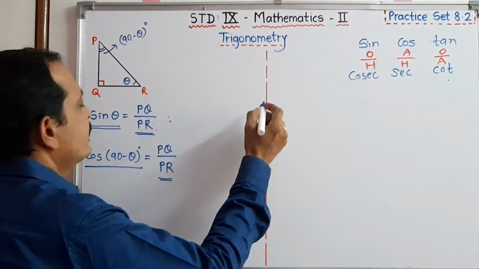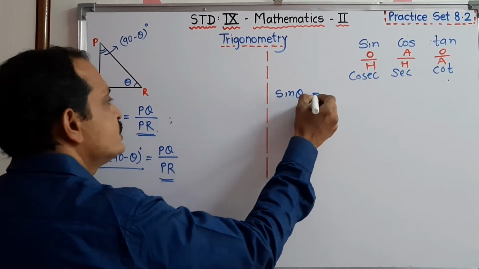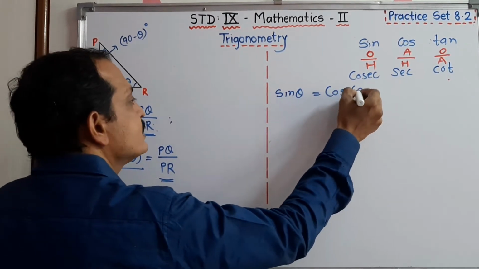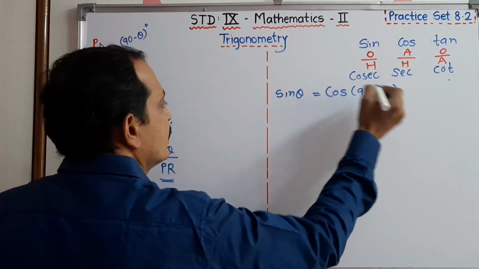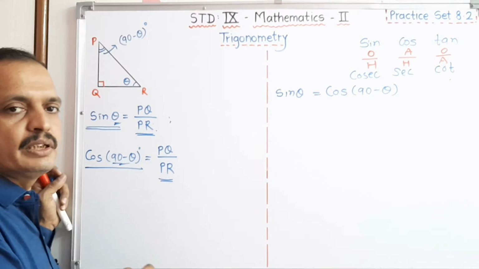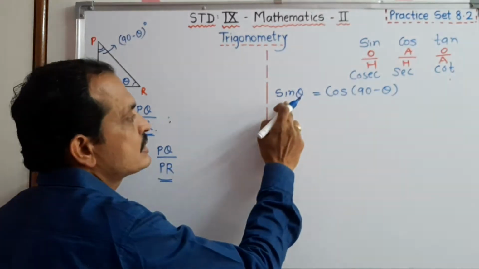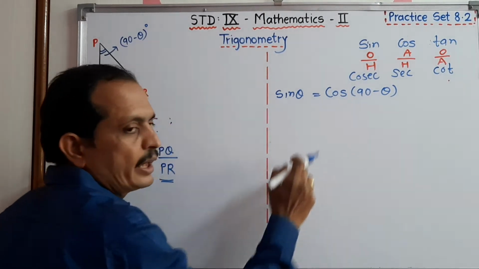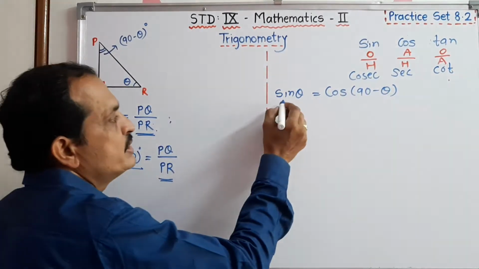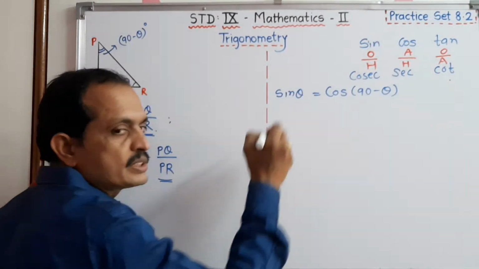From this we can write, dear student, sin theta is equal to cos 90 minus theta. That means sin theta and cos 90 minus theta, the values are same. Therefore, sin theta is equal to cos 90 minus theta. That means we can convert this sin theta in the form of cos theta.